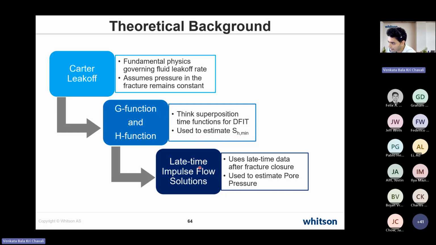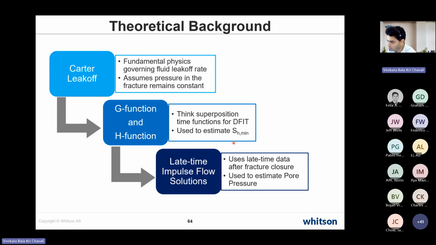Then you will also use the late time impulse flow solutions to capture the slopes, capture the pore pressure, and estimate permeability. When you do one DFIT, you actually get a pre-closure permeability and a post-closure permeability. And we'll talk about that a little bit. But effectively, if I use that early time signature and I do not shut the well in long enough to see a late time flow, then I might use the pre-closure permeability estimate just from here.